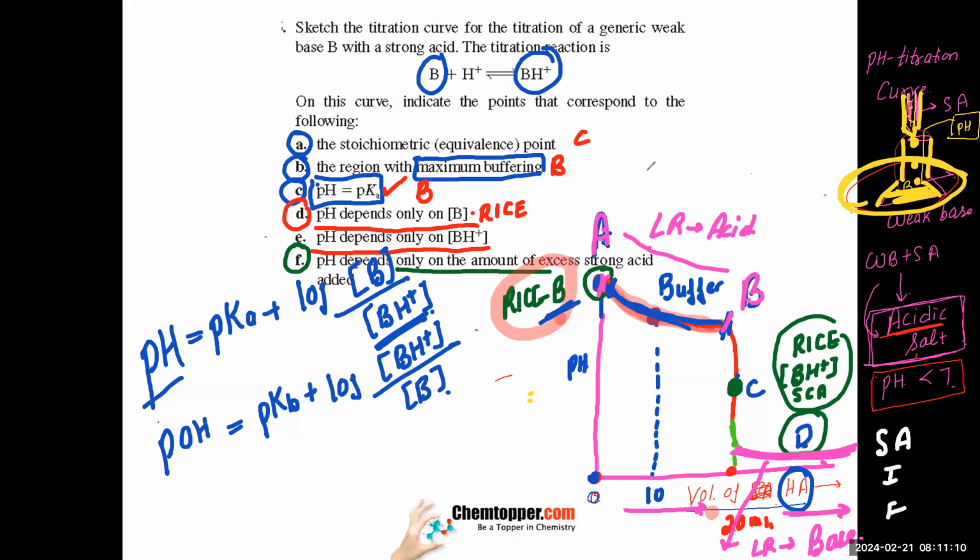Who is the excess reactant here? Excess reactant is the base. That's why the pH is more than 7 in this area. And in this area, who is the excess reactant? Acid. That's why the pH is less than 7.